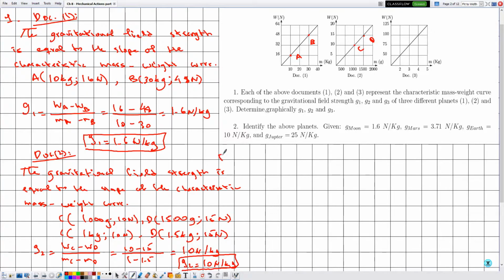And finally, for the last document, document 3, let me start by writing the definition. G3 is equal to the slope of the characteristic mass-weight curve.